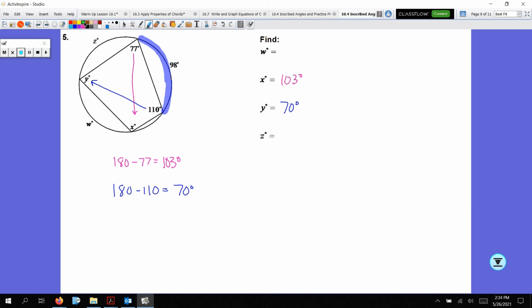So first off, this angle here, all of this is more than just W. All of that is twice 77 degrees. 77 times 2 is 154. I'm just going to make a note of that. This green arc is 154 degrees. Oh, not 1,540. I don't know why I wrote that.